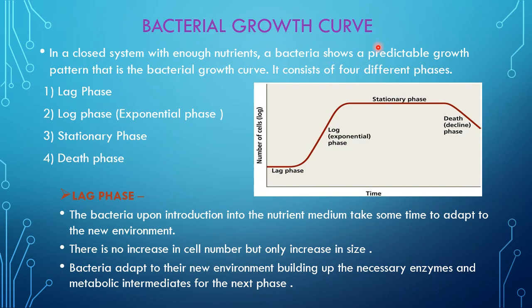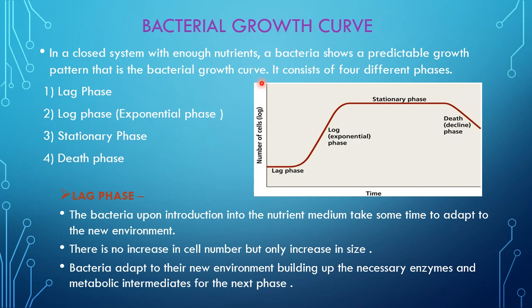Bacterial growth curve. In a closed system with enough nutrients, bacteria show a predictable growth pattern, that is a bacterial growth curve. So in suitable lab conditions, that is in a closed system, when you give enough nutrients and allow the bacteria to grow, it shows a definite pattern of growth, and that definite pattern of growth is what we call the bacterial growth curve.